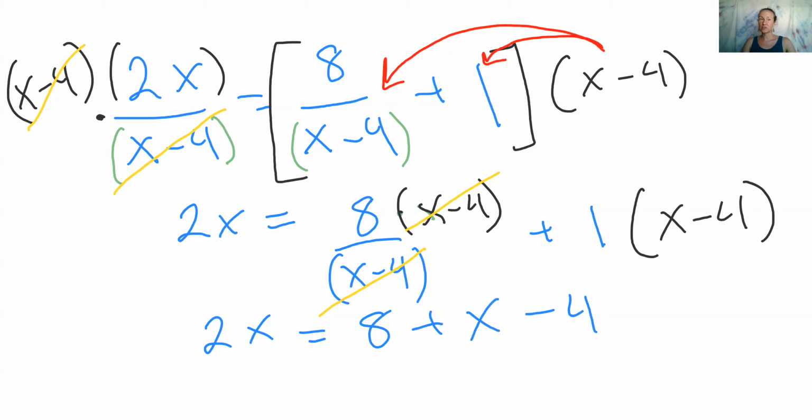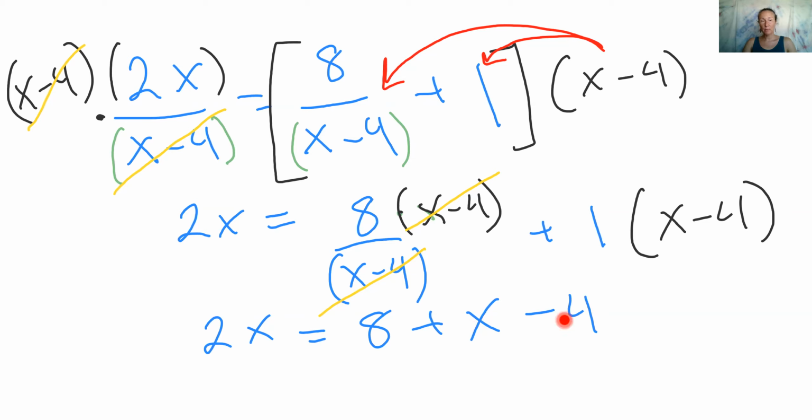Now that everything's just being added and subtracted, we can drop those parentheses and simplify. We've got an 8 and a minus 4, so that simplifies to 4 plus x on this side.